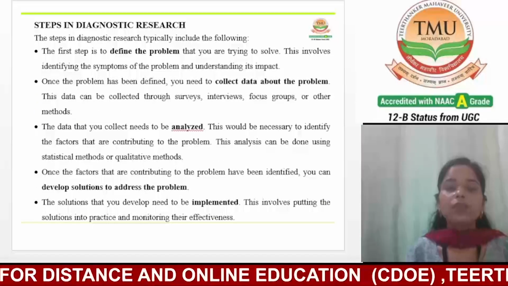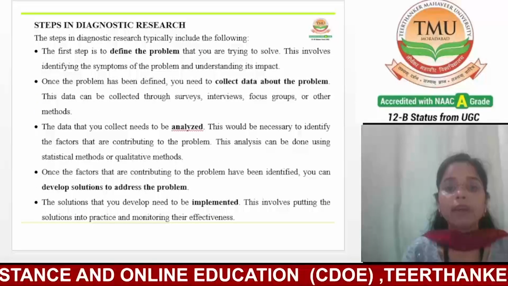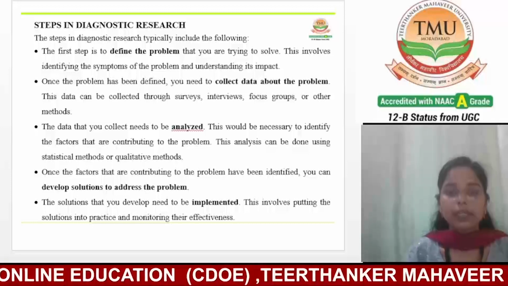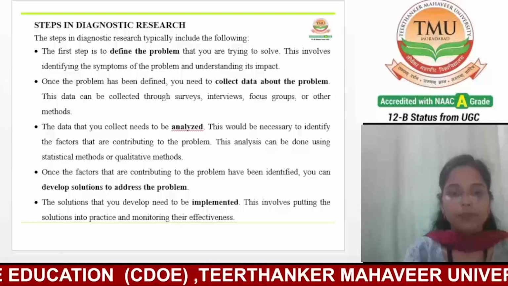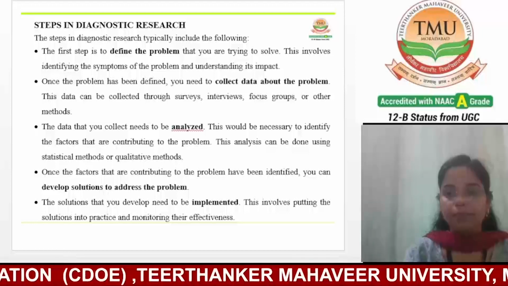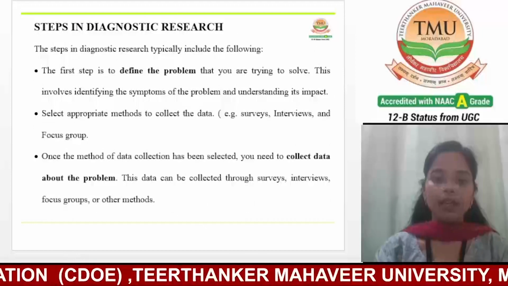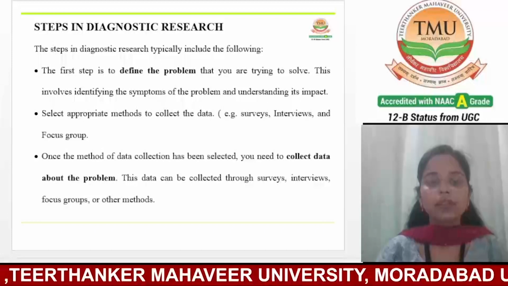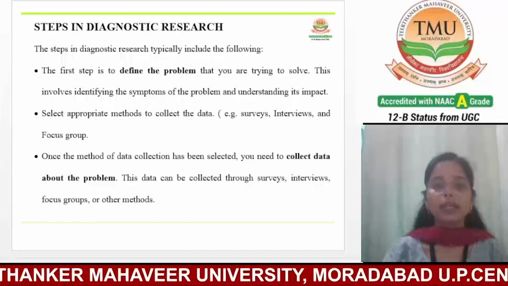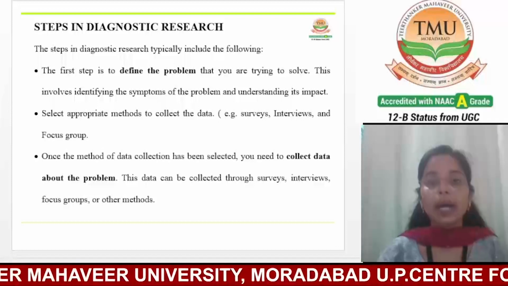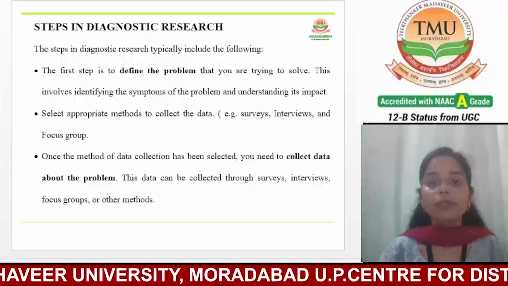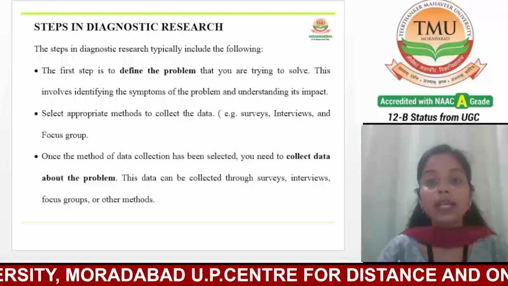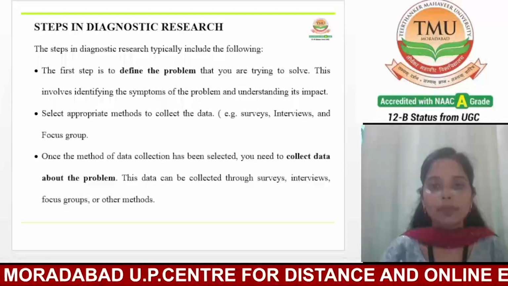Now, next we are going to understand the steps in diagnostic research. Here are the steps of diagnostic research. As you can see, the first step is to define the problem that you are trying to solve.